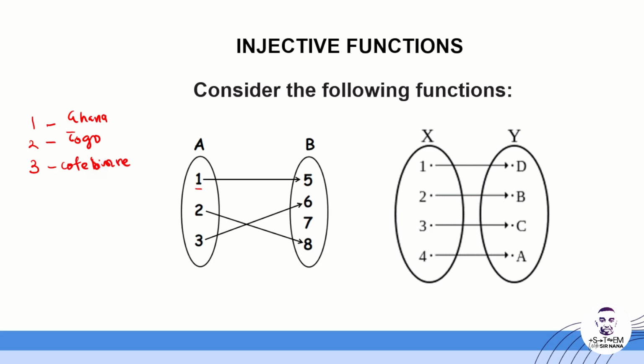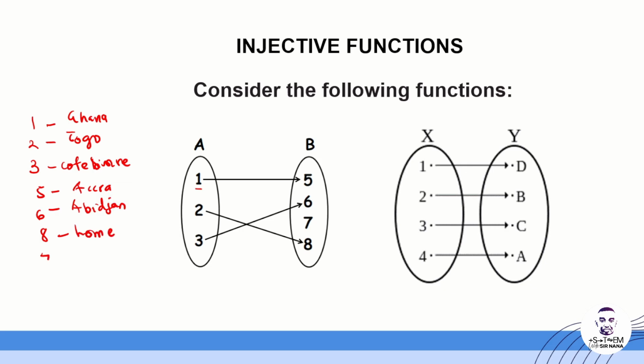Then the corresponding 5, 6, and 8 are the capitals of these countries. So 5 will be Accra, 6 will be Abidjan, and 8 would be Lome.